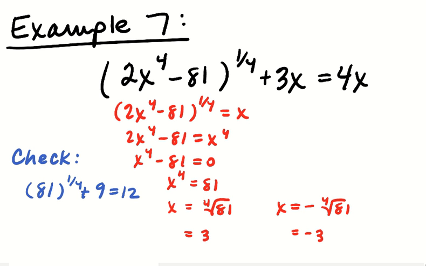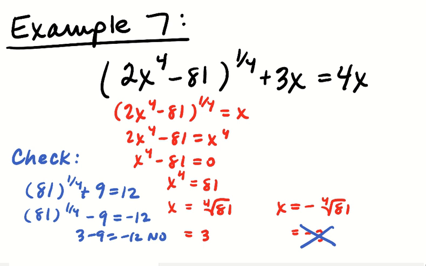Well, when you take it to the 4th power, it's going to end up the same. But minus 9 equals 4x is negative 12. Okay, you take 81 to the 1/4 power. That's 3. That's like saying 3 minus 9 equals negative 12. No. Okay, this is an extraneous solution. We're going to not consider that.